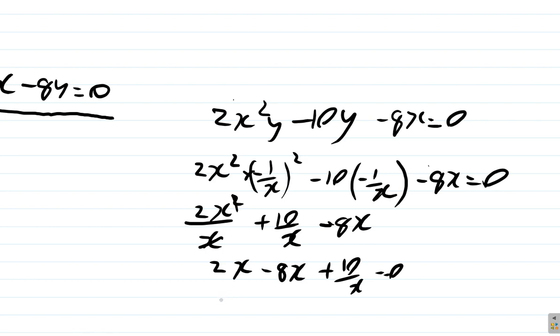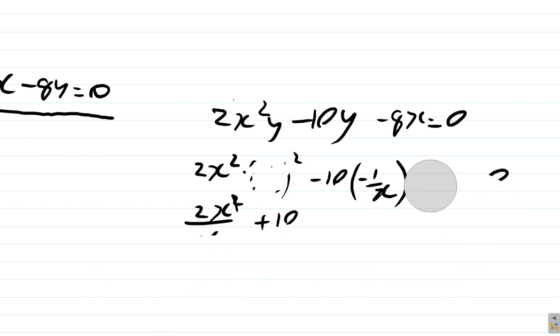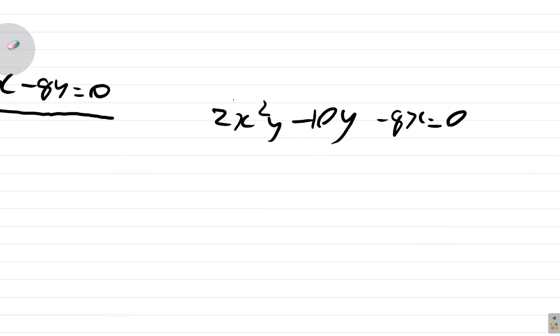So what that would give you, negative is a plus, and then it would be 2x squared y. 2x squared times y is equal to negative 1 over x, right? Oh, this wouldn't have been squared. A mistake here. The square was taken care of already. This would not have been squared.